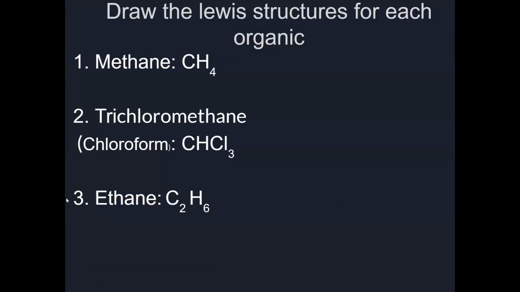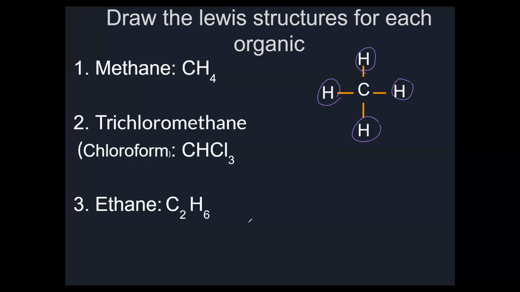So when we draw these structures, methane is the name for CH4. So here is our drawing of methane, nonpolar, because it has no lone pairs and all the outer atoms are the same. So it is completely balanced, just London dispersion forces.